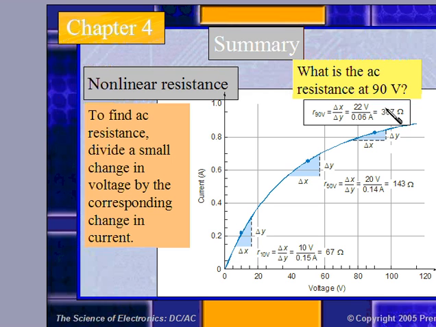So from here, the change we're looking at is 20 volts over 0.414 amps. Here the change in X from this point to that point is approximately 10 volts. So you get 67 ohms, and this over here has a higher resistance, which is 367.